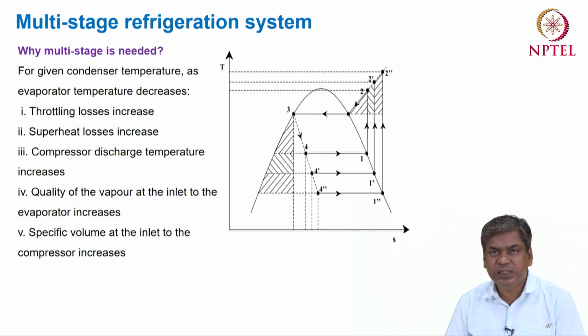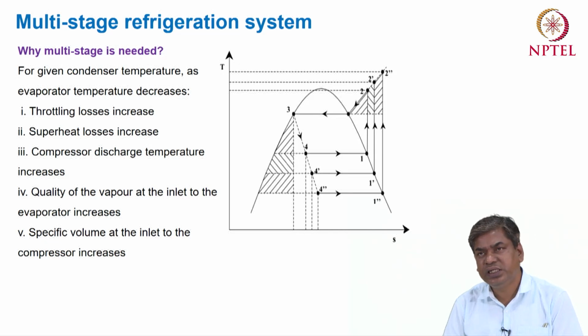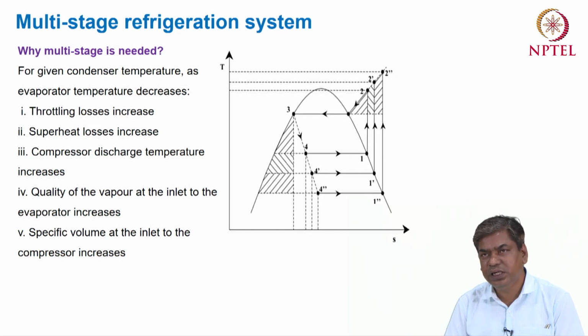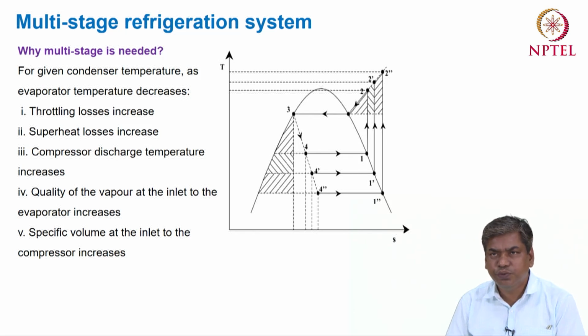One is the throttling loss, which will increase when using a very high temperature difference between the condenser and evaporator. The area on the right side, between 3 to 4, has now increased to between 3 to 4 dash.